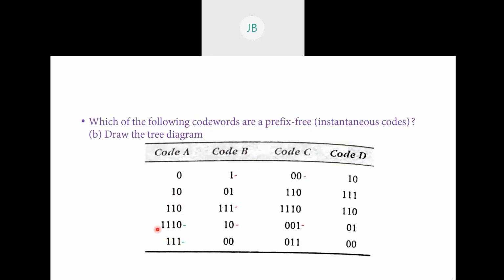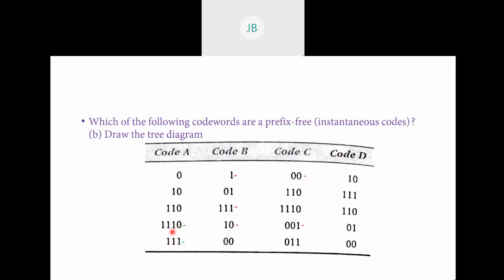Now I'll go to 111. Does someone have 111 in their code word? Yes, this one has 111 and 0. So this entire code word is present in someone else's code word, for example 1110.